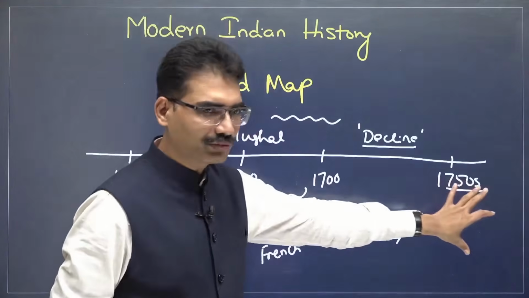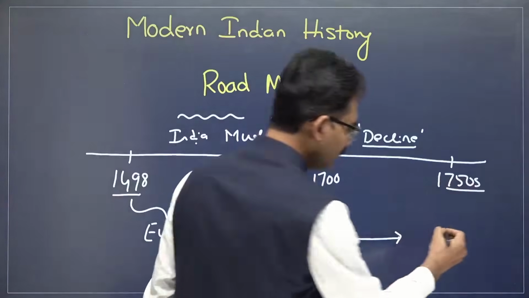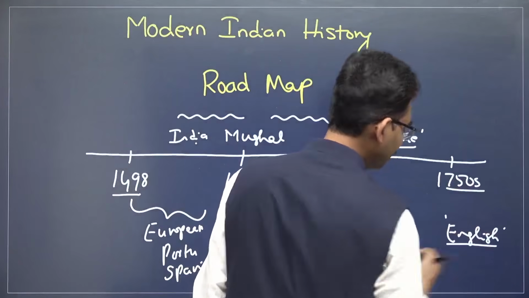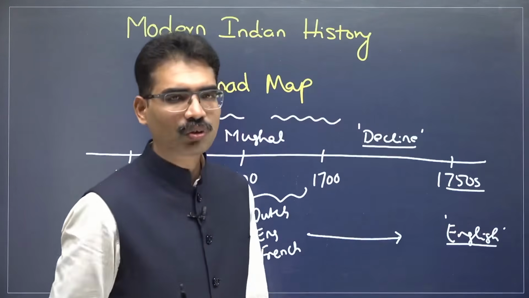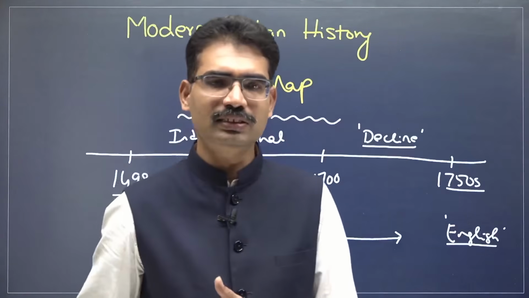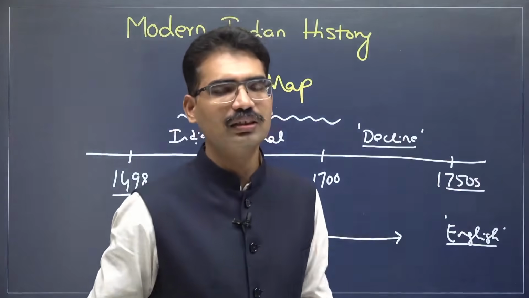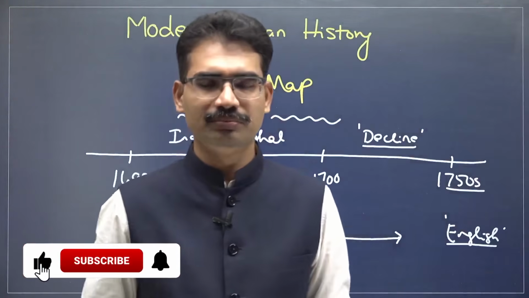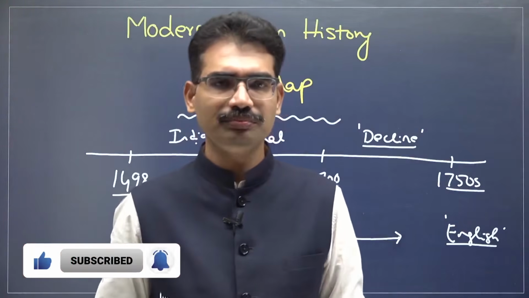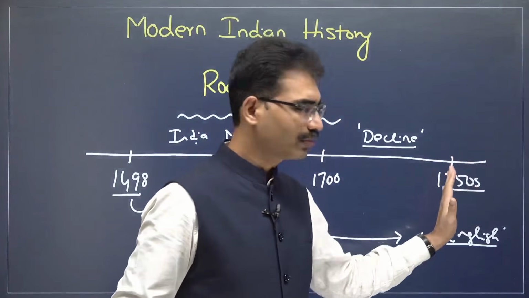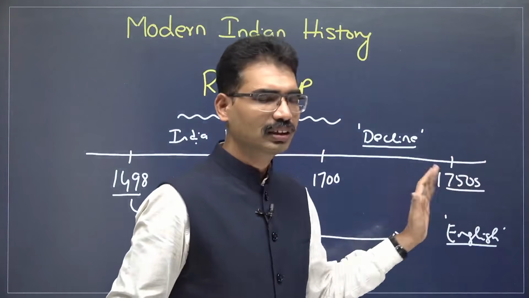By the 1750s, the English gradually started becoming successful in overthrowing the powerful kings and establishing their puppet rulers in the kingdoms. Like in the case of Bengal, they started conquering India starting from Bengal, then the Carnatic region.